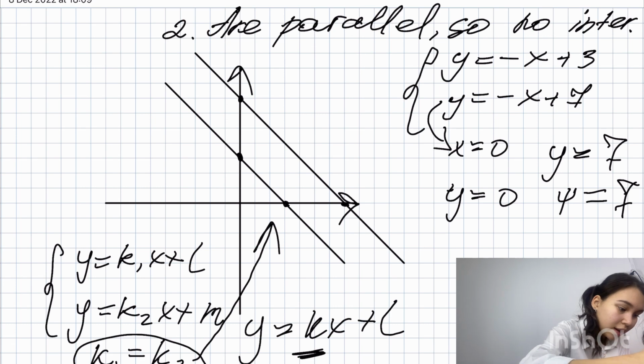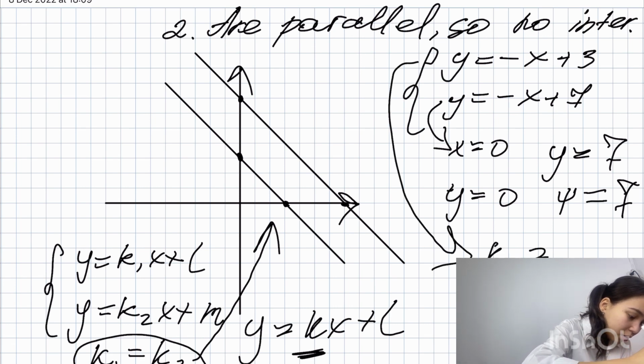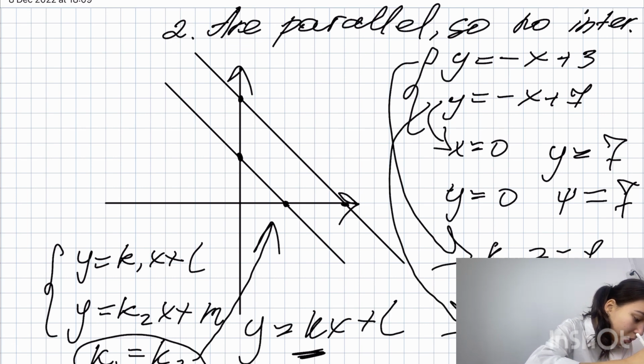We see in here that k1 is equal to -1, and in here k2 is equal to -1 also.